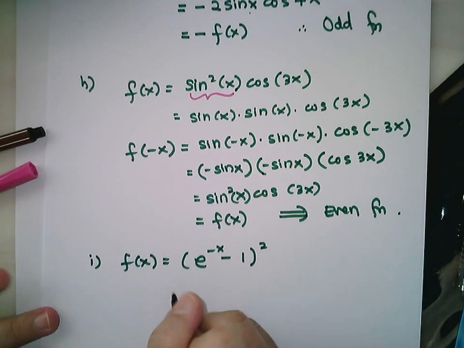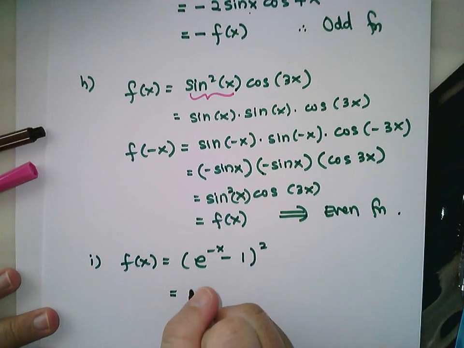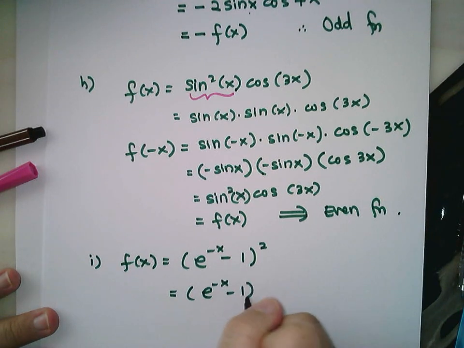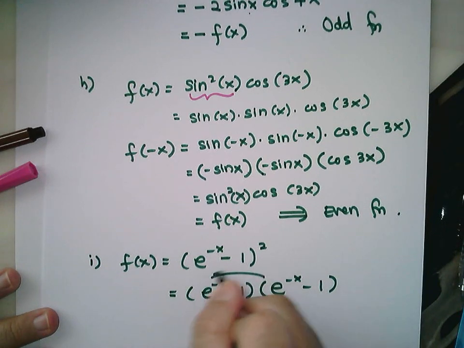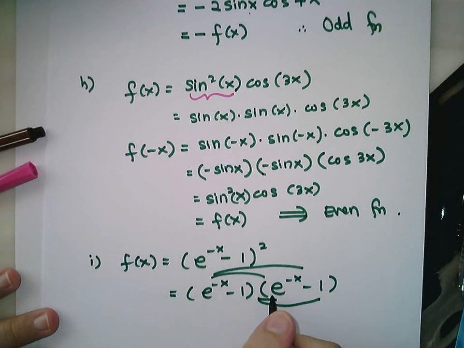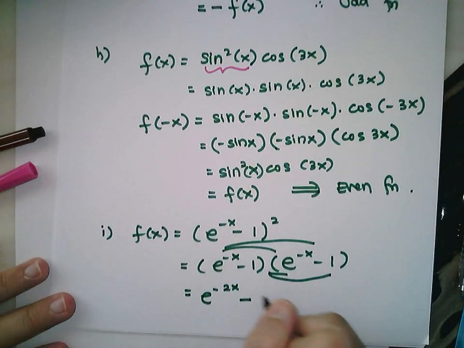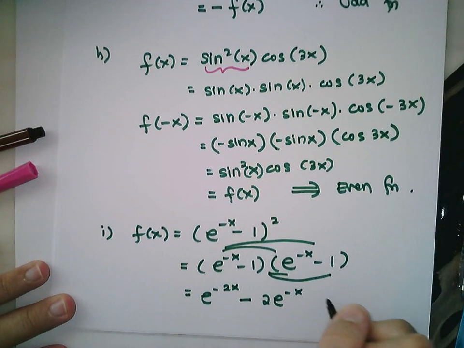Expanding this will give you e negative x minus 1 multiplied by e negative x minus 1. Exponent, exponent, multiply, so the powers we need to add. So you will have e negative 2x minus e negative x minus e negative x. So therefore you will have minus 2e negative x plus 1.